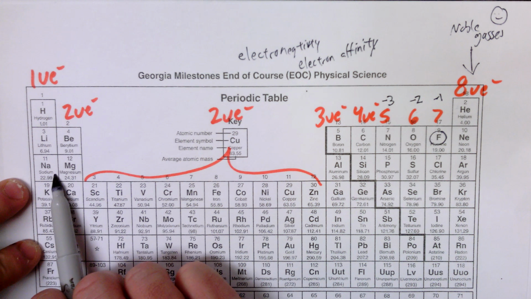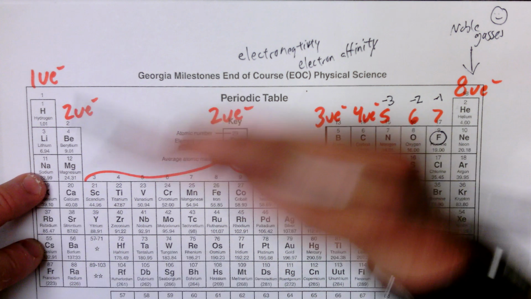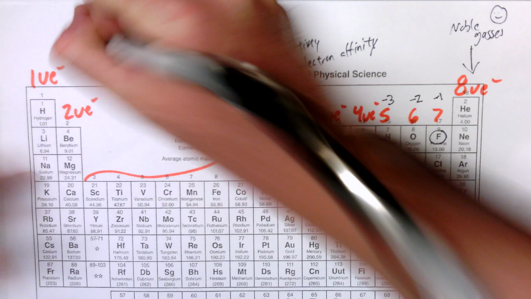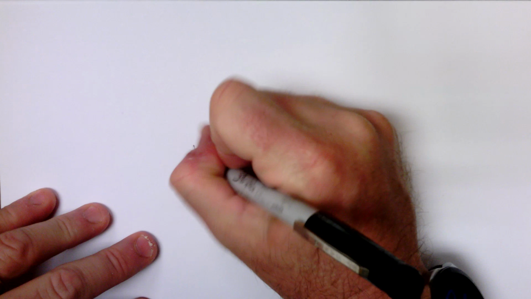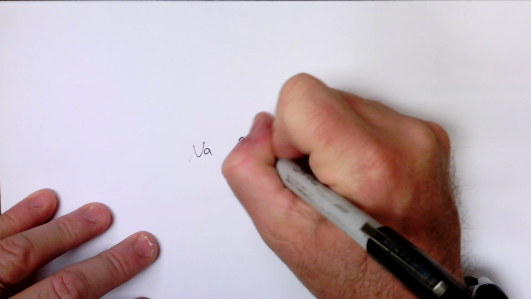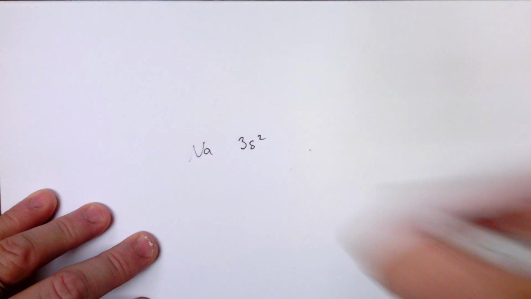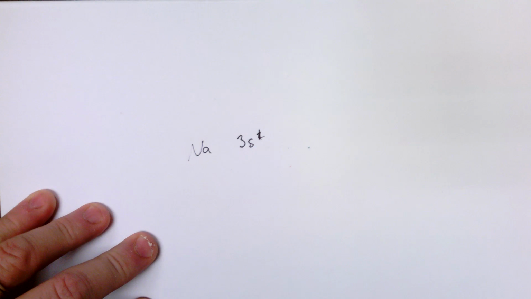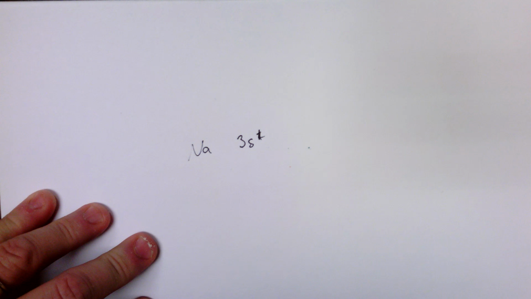So let's consider sodium. Sodium would be a 3s1. Has 1 valence electron, can't possibly take 7.